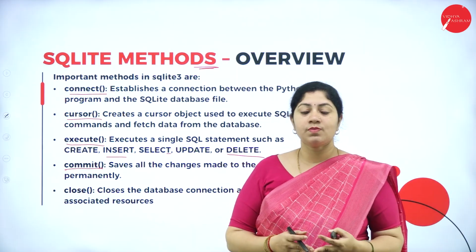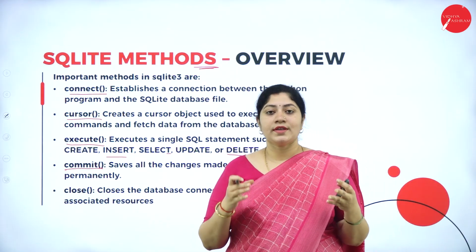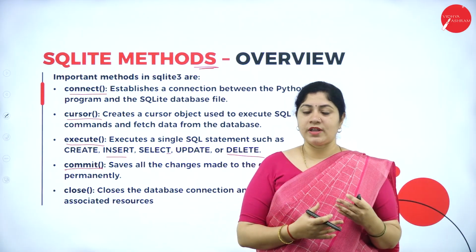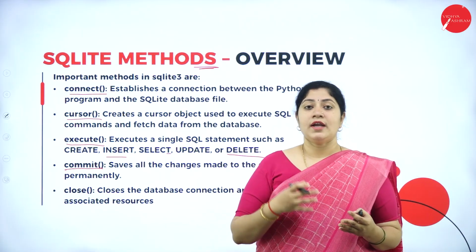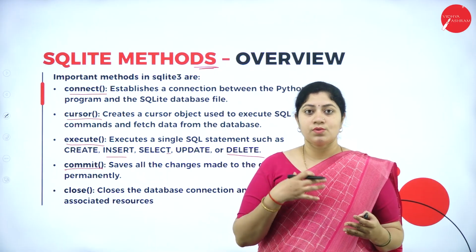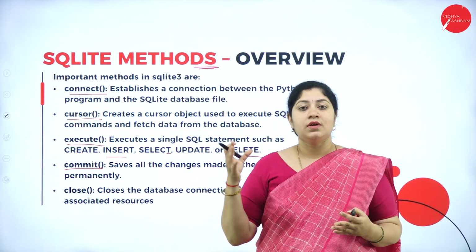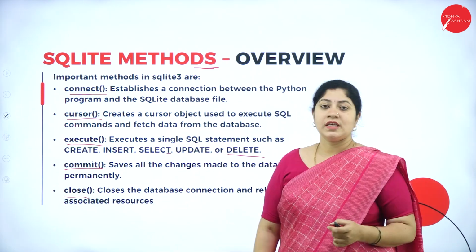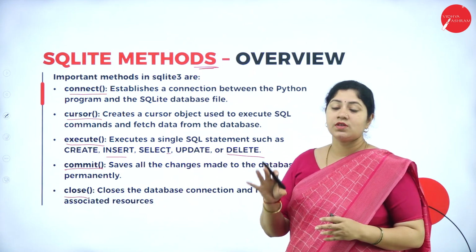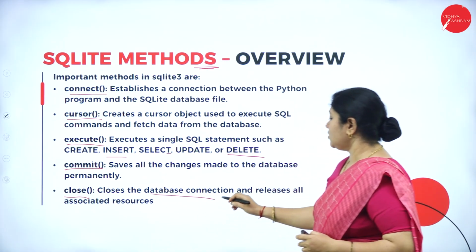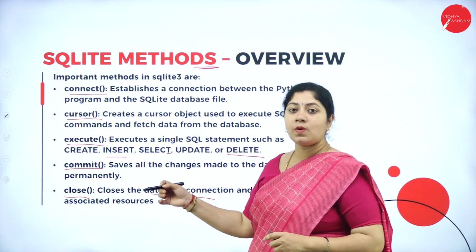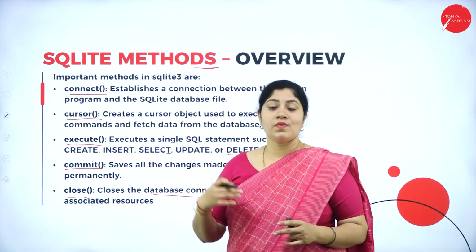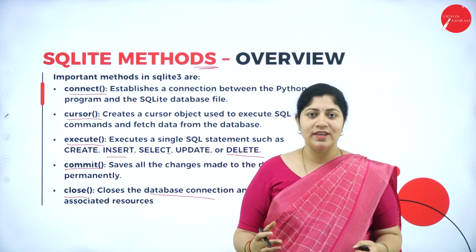This is responsible for saving the changes into the database, or we can say any updates that are done have to be saved, so the saving will be done permanently. The next method is close. This is responsible for closing the database connection and also releases all the related resources that are being utilized. So this is the overview of simple SQLite methods.